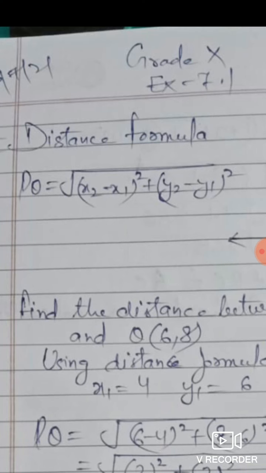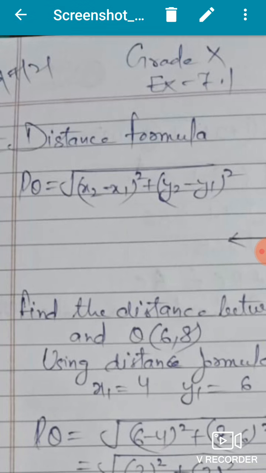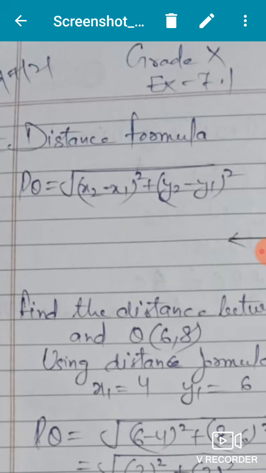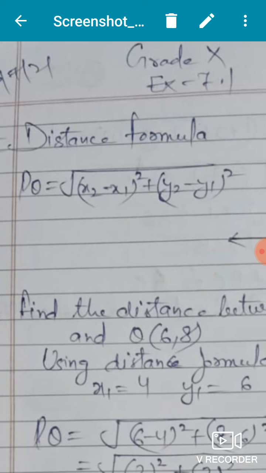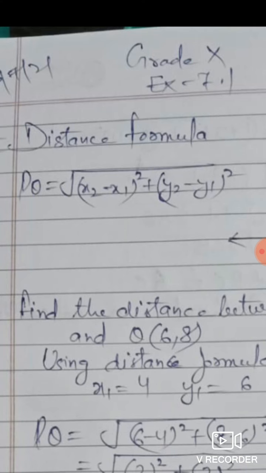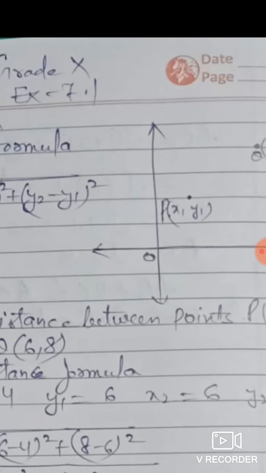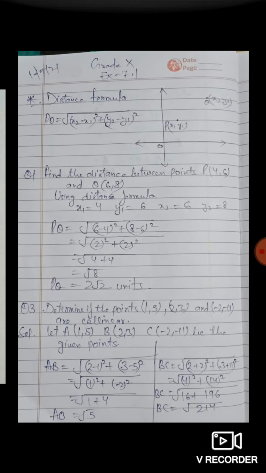Clear? We know that subtraction is not commutative, like 5 minus 3 is not equal to 3 minus 5. 5 minus 3 is 2, but 3 minus 5 is minus 2. But after doing the square both will give us 4. So there is no problem in taking x1 minus x2 or x2 minus x1. The same is with y, any one value we can take.